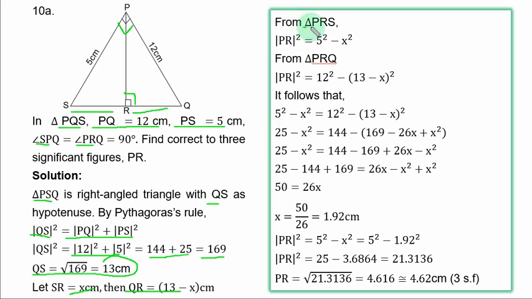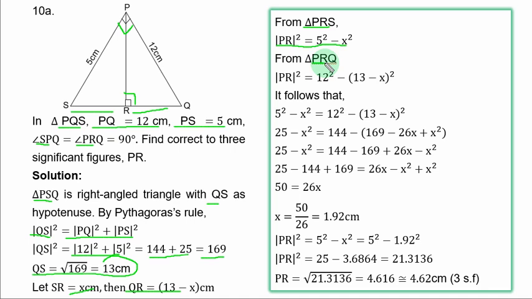From triangle PRS, by Pythagoras rule, we have 5 squared, that is the hypotenuse, equal to PR squared plus x squared. So if you make PR the subject, you have PR squared equal to 5 squared minus x squared. So let's leave that at that point.